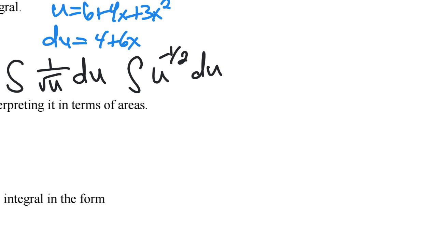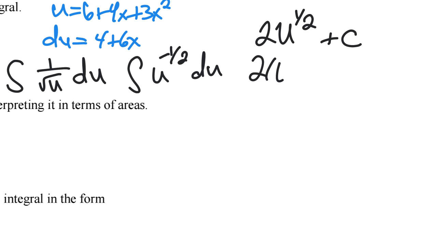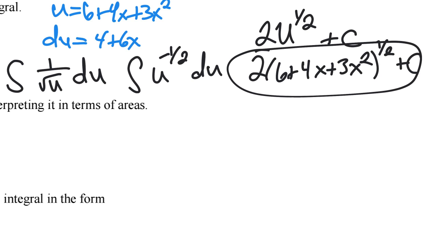Integrals increase, so I want to increase the exponent by 1, so that's going to be u to the 1/2, multiply by the reciprocal, so that's going to be a 2, and then plus c, because it's indefinite, not a definite, and then plug u back in. 2 times 6 plus 4x plus 3x squared to the 1/2 plus c. That's my answer.